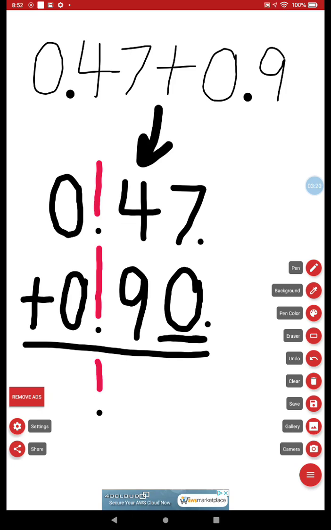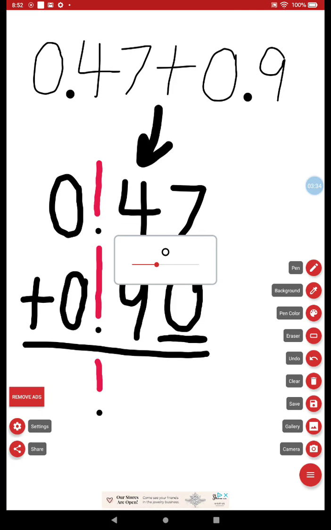7 plus 0 is, whoops, sorry. That looks a little bit like a decimal point, doesn't it? Let me change my color. All right, 7 plus 0 is, very good, 7. 4 plus 9 is, very good, 13.